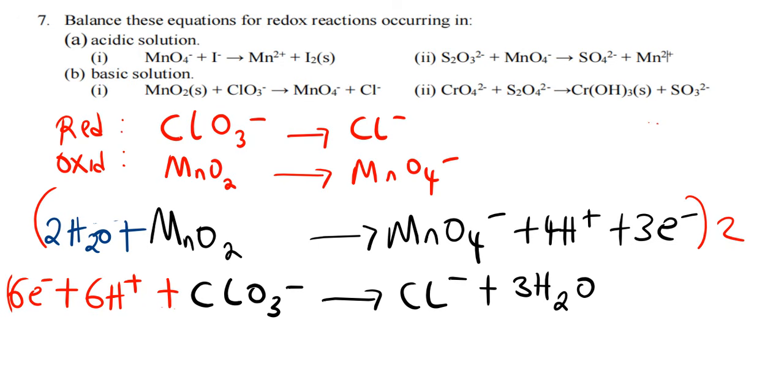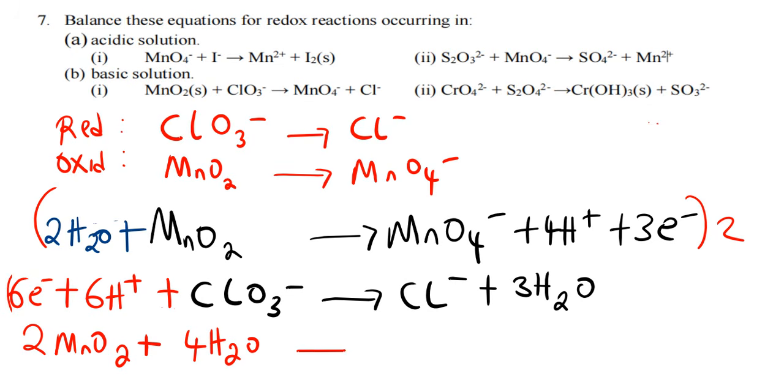So what am I then going to have? I'm going to have 2 manganese oxide plus, and when I multiply the water, I'm going to have 4 water molecules there.